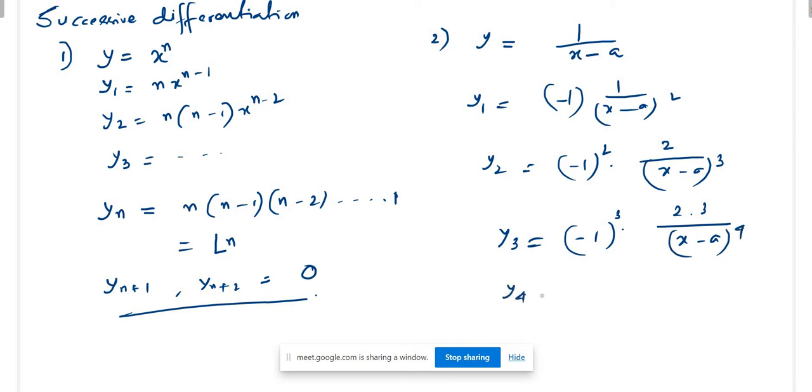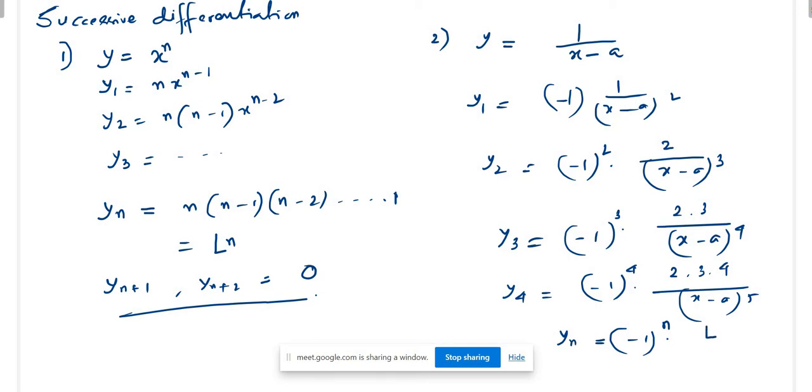And similarly, if you can find y4, it will be minus 1 to the power 4, 2 into 3 into 4 divided by x minus a to the power 5. Similarly, I can write yn as minus 1 to the power n into factorial n divided by x minus a to the power n plus 1.